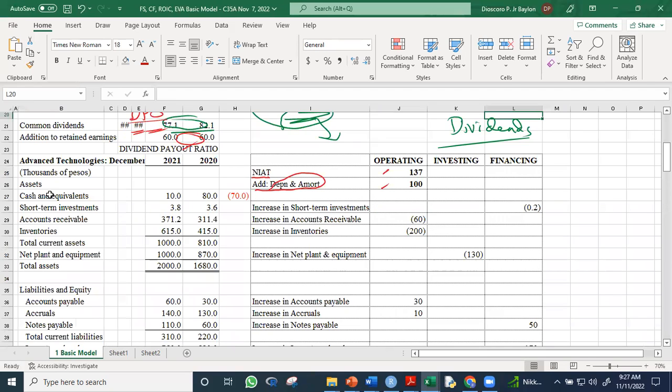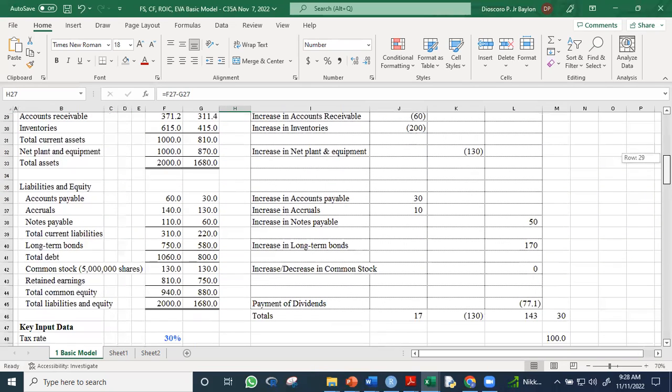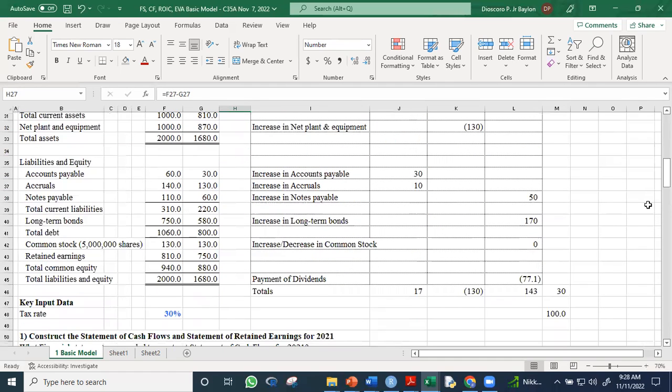So for cash, we're investigating what happened to our cash account. From 80,000, it became 10,000, which means that there was a drop of 70,000. And as we said, the template that we're doing should also reflect this decrease of 70,000.